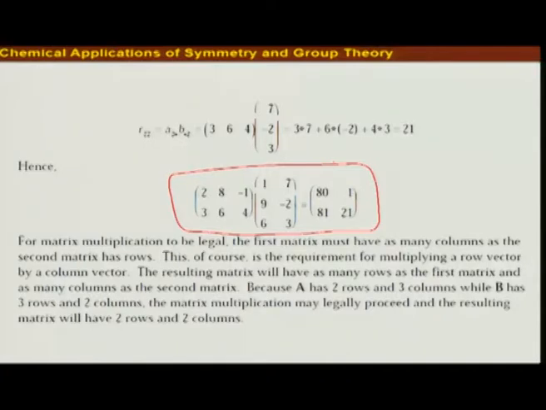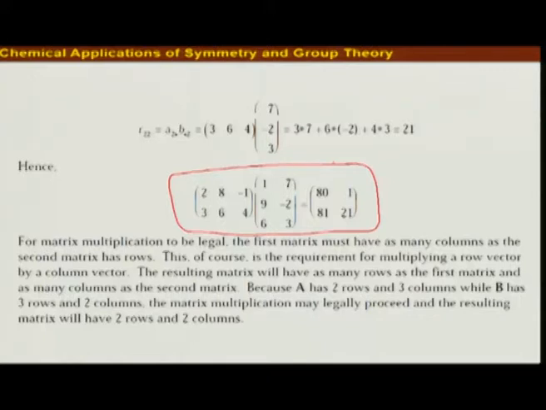Now this is interesting, right? You had a matrix with 2 rows and 3 columns which multiplies with the matrix having 3 rows and 2 columns, and then the product is a 2 by 2 matrix, having 2 rows and 2 columns.